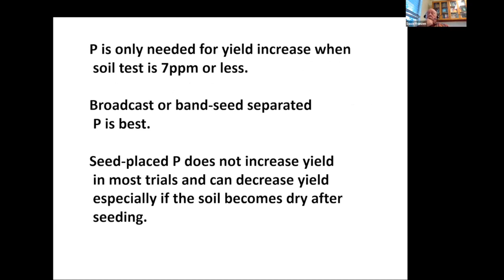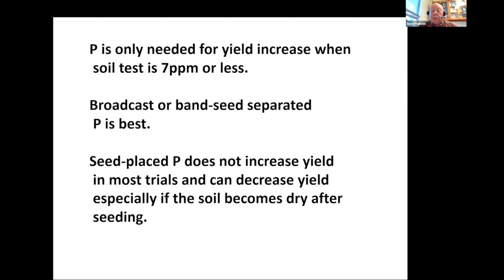Also, a group of us got together at Carrington half a dozen years ago, including Chris's work up in the northwest part of the state. Researchers at Carrington and other places around the state have done phosphate work with soybeans, and we came up with a new recommendation that we only needed phosphate if your soil test was 7 ppm or less.